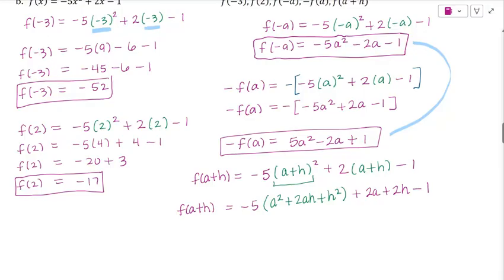All right, let's simplify this. So we'll have negative 5a squared minus 10ah. I'm taking this negative 5 and distributing it to all 3 items in the parentheses here. And then minus 5h squared plus 2a plus 2h minus 1.